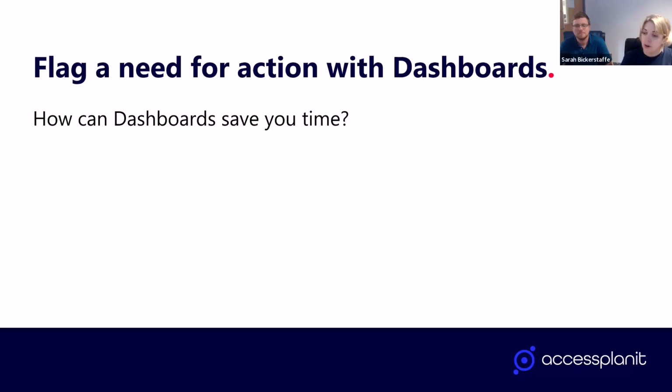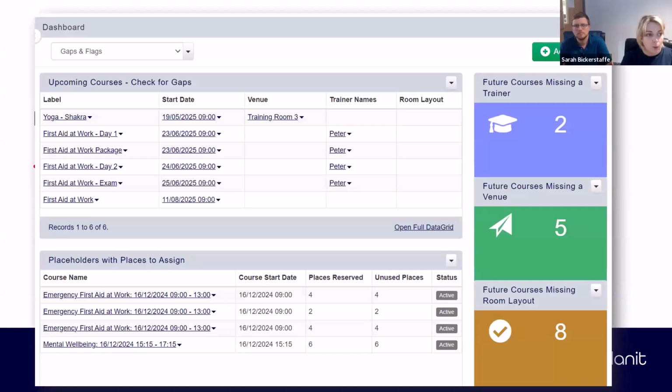So starting with our different types of gadgets, we have our data grid gadgets here, and you can see we've got a gaps and flags named dashboard. So looking at our first data grid, checking for gaps. So we've got the venue, trainer name and room layout.